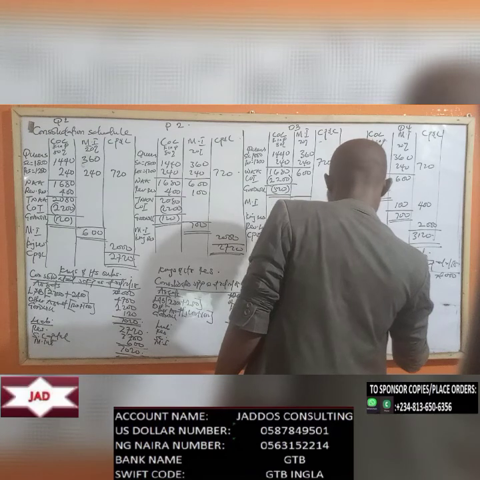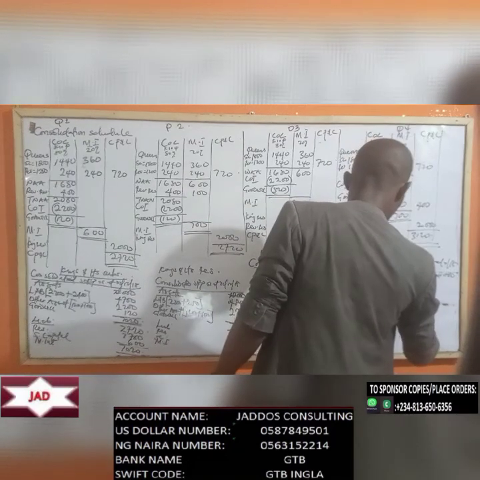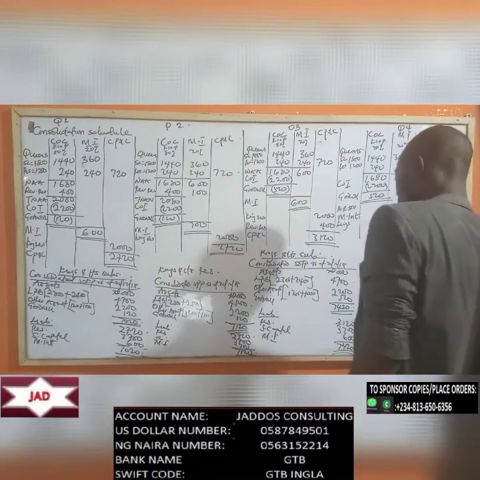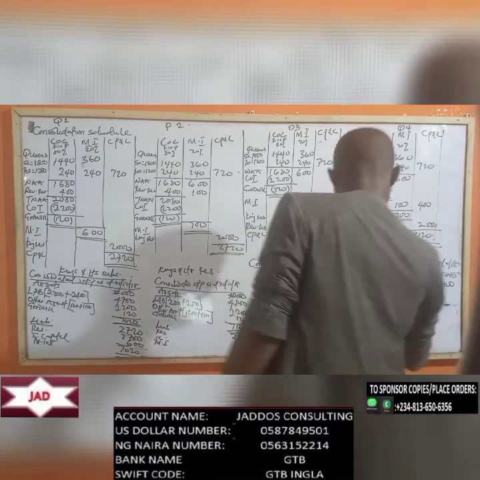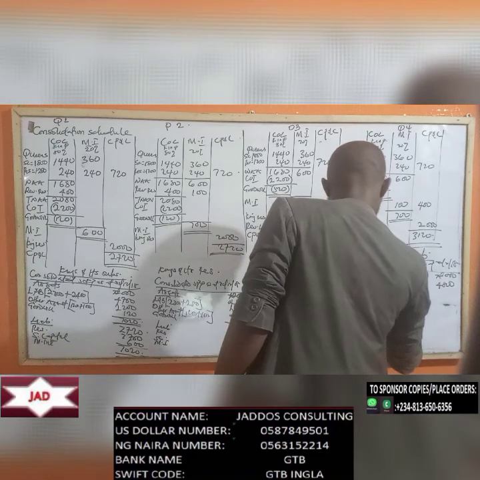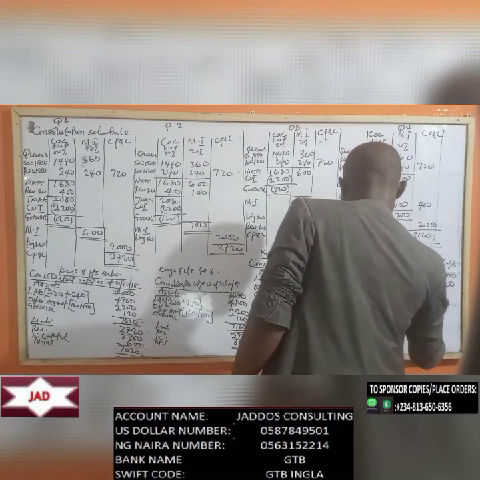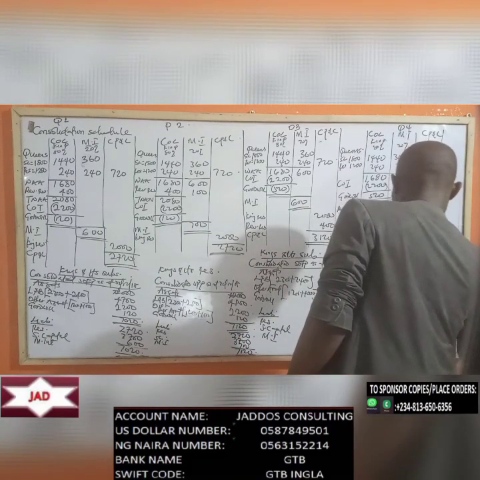Land and building here will be 2,300 plus, we're taking the full amount, that will be 2,500. So what do you have? That will be what? 4,800. So other assets will be what? 1,200 plus 1,000, which is 2,200.